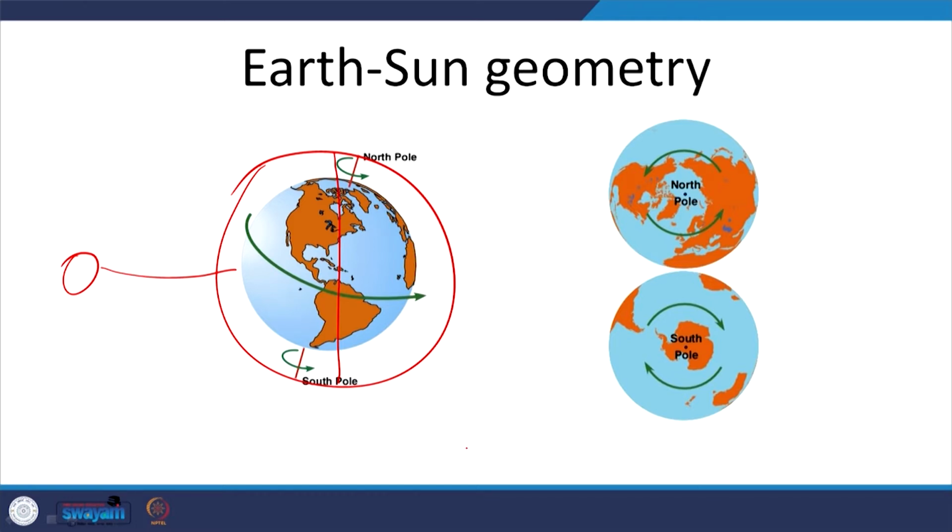So, if you are standing on the North Pole, you will see the Earth revolving in the counterclockwise direction, and if you are standing on the South Pole, you will see the Earth revolving around itself in the clockwise direction. Okay. These things will be essential for understanding how the seasons come into the picture.